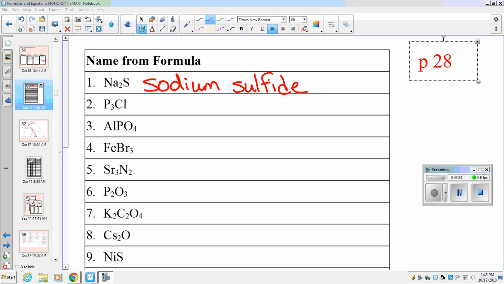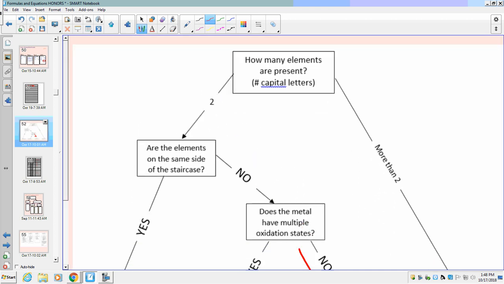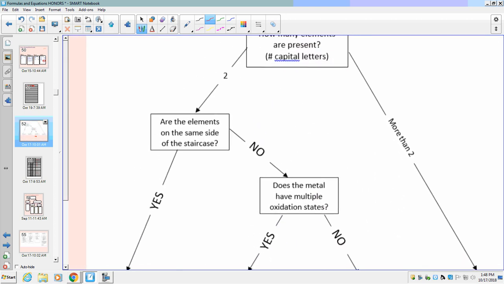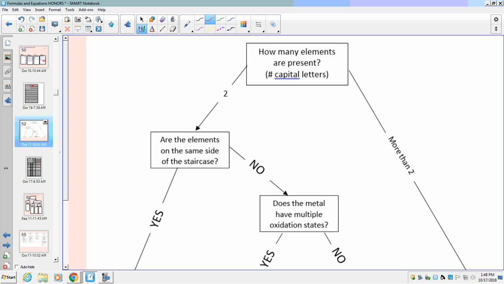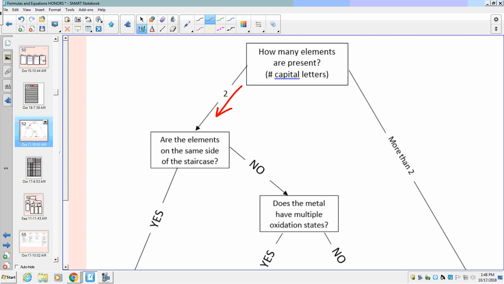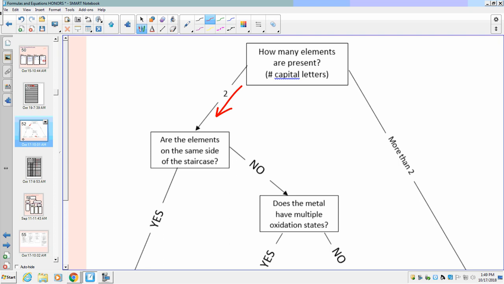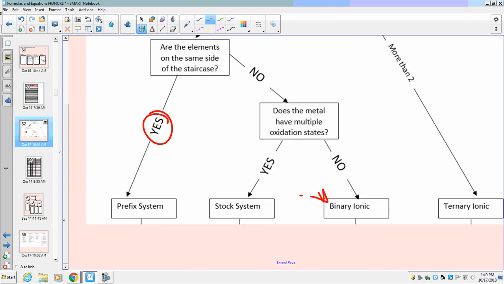So next I look at PCl5. How many capital letters do I have? In PCl5, I have 2 capital letters, so I'm going to go this way again. Are those elements on the same side of the staircase? In this case, yes, they are, which means I will have a prefix in my name.